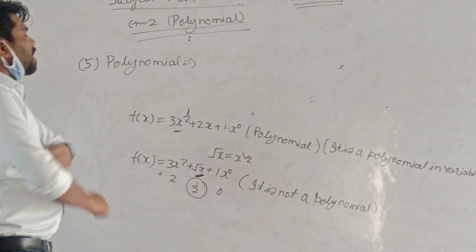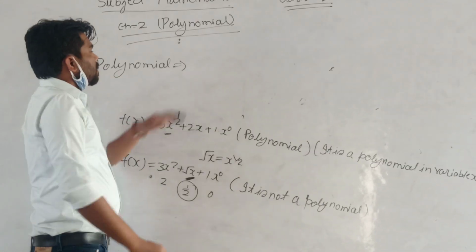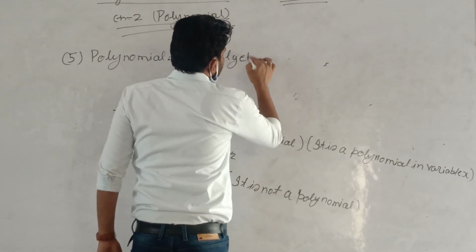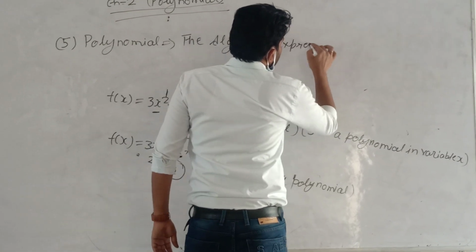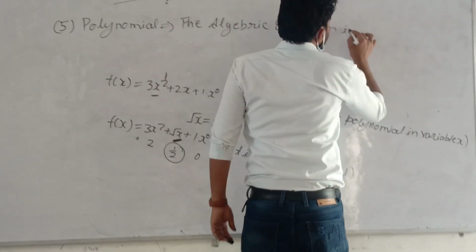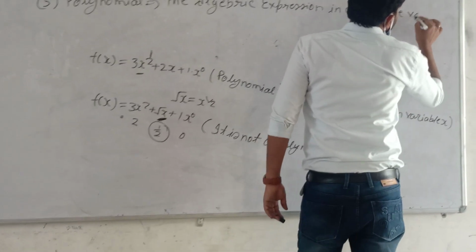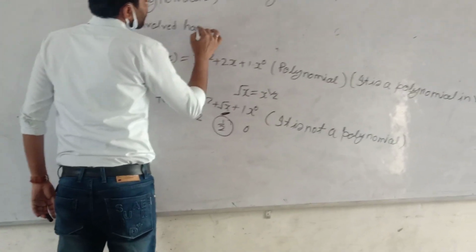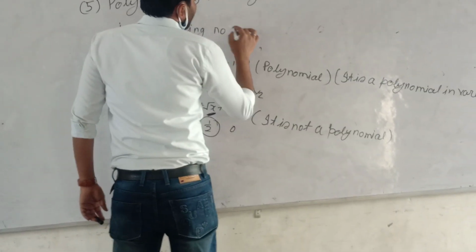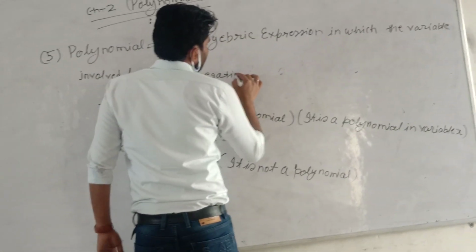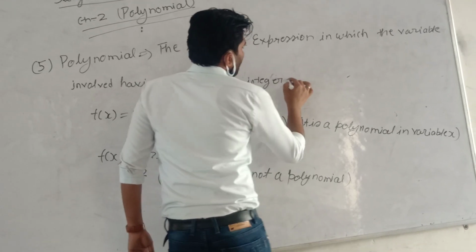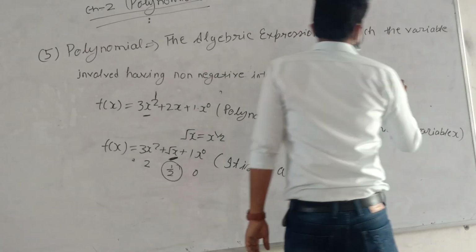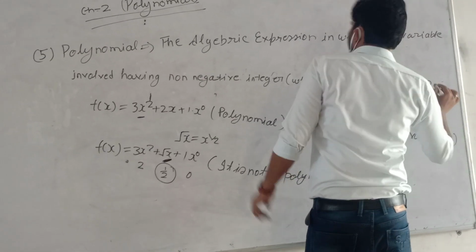So now we can say that the polynomial is the algebraic expression in which the variable involved having non-negative integer power or whole number is known as polynomial.